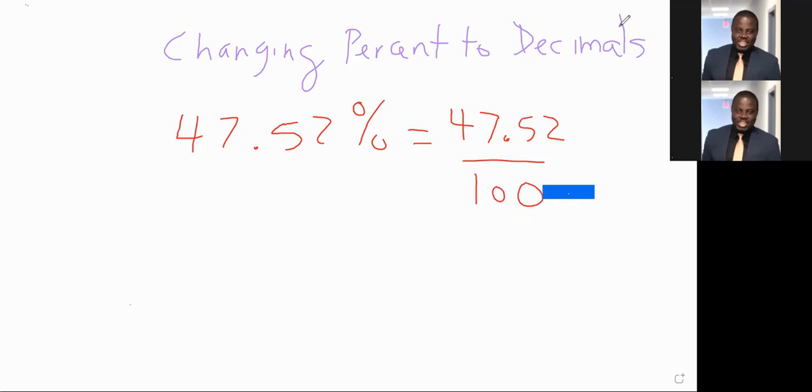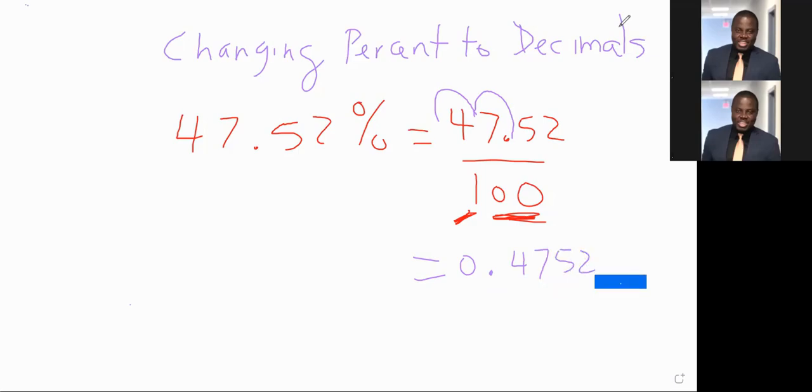Now, the good thing is that with this one, I already have the point in the numerator. So you count the number of zeros you've got. I've got 100, two zeros. So I'm going to move this two times to the left again because the 100 is dividing. Two times to the left gives me 0.4752.